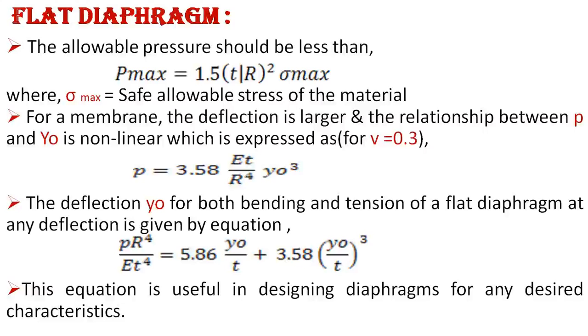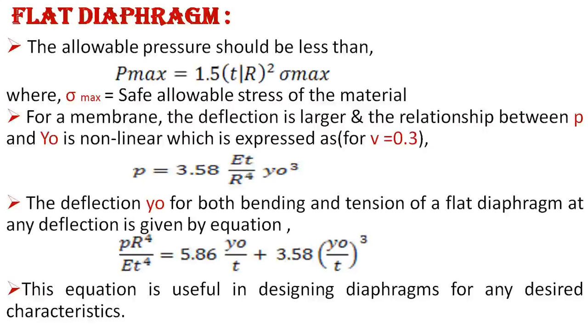For a membrane, the deflection is larger and the relationship between pressure and deflection is nonlinear, which is expressed, for V equal to 0.3, as P = 3.58 E T/R⁴ × Y0³.